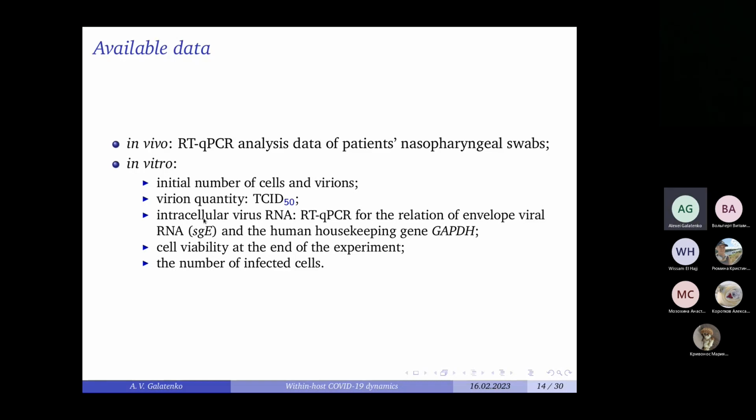We can also measure the concentration of intracellular viral RNA, for instance, by RT-qPCR analysis, which compares the viral load with the housekeeping gene, GAPDH. We can also find the number of alive cells at the end of the experiment. We can additionally measure the number of infected cells at some points of time.